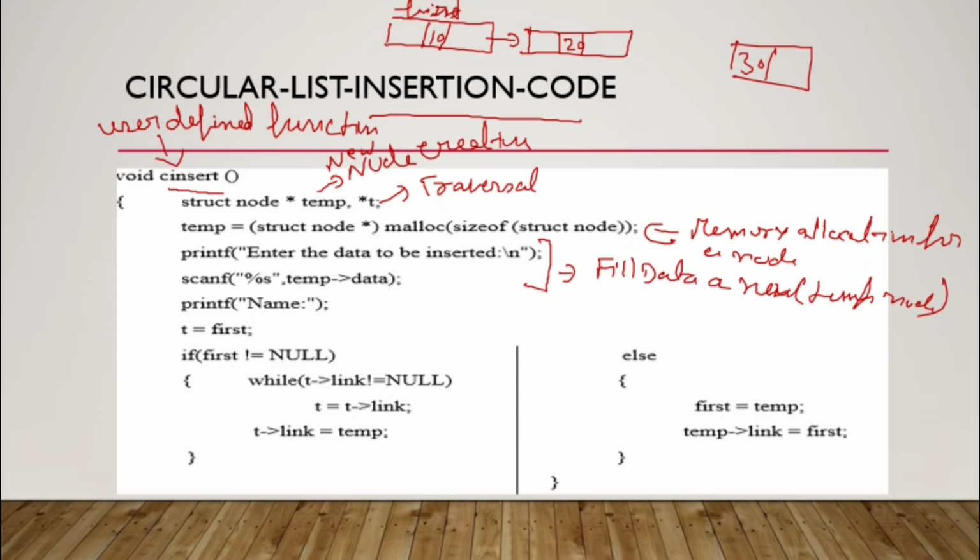So we know that this is first, so even t will point here. What if first is not equal to null? Oh, sorry, students, we are speaking about the singly linked list here, not a doubly linked list.